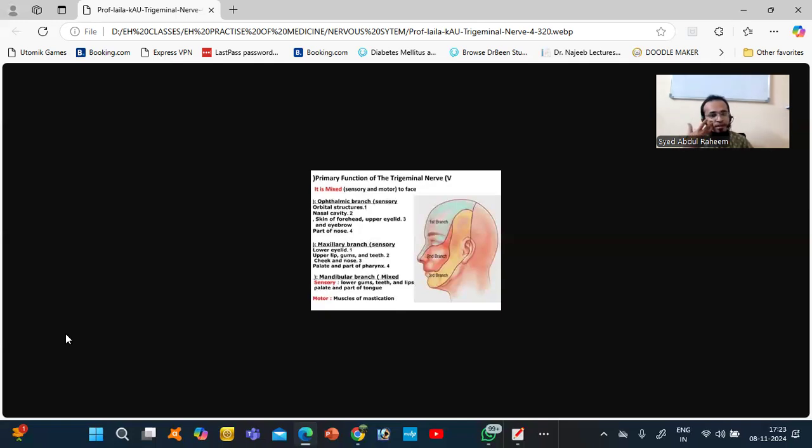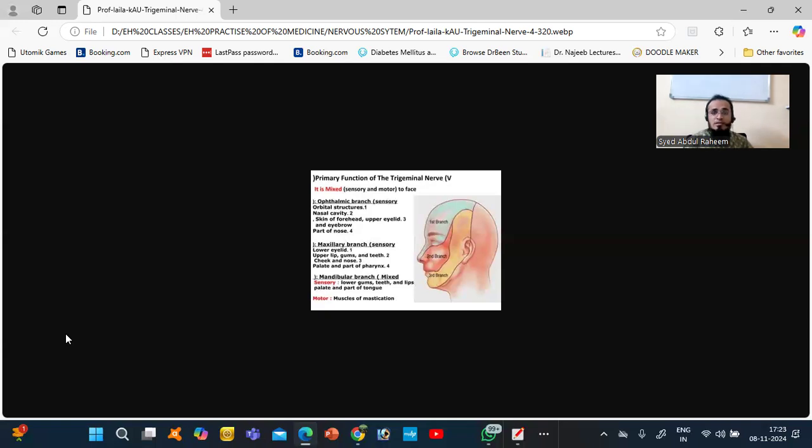Next is the maxillary branch. The maxillary branch supplies the lower eyelid, upper lips, upper gums and teeth, palate, and some part of the pharynx, in the throat region. This is the maxillary branch.